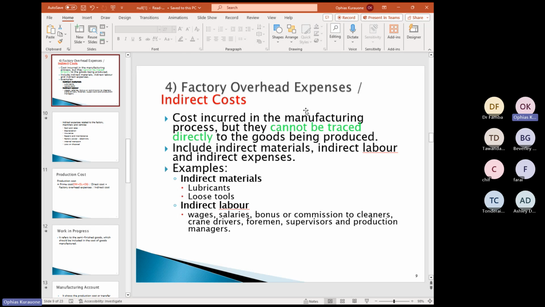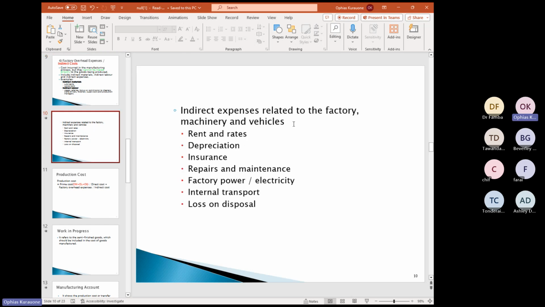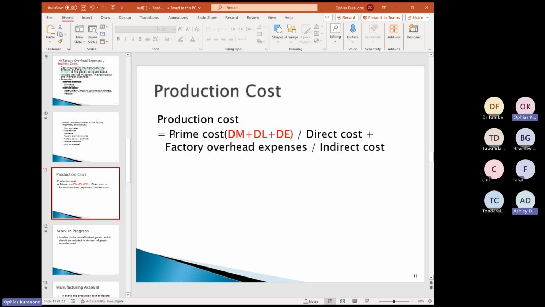These are factory overhead expenses related to the factory machinery and vehicles, because you use machinery to produce goods and services. Then you need vehicles to transport those goods, and to transport the raw materials. So this can form our indirect expenses. So that is our production cost.